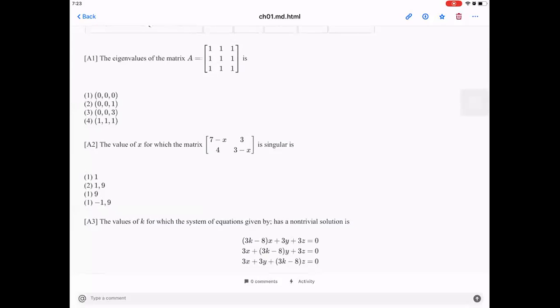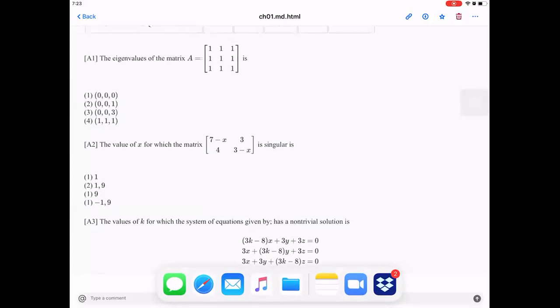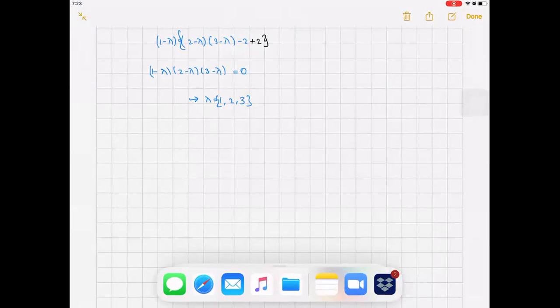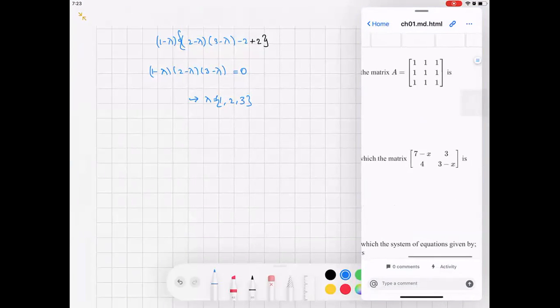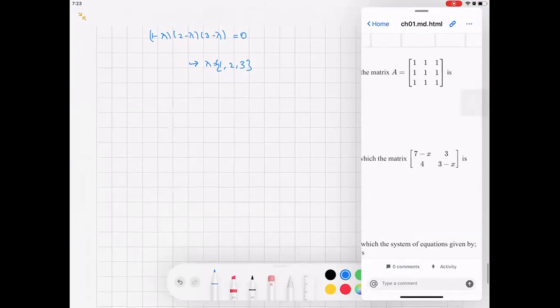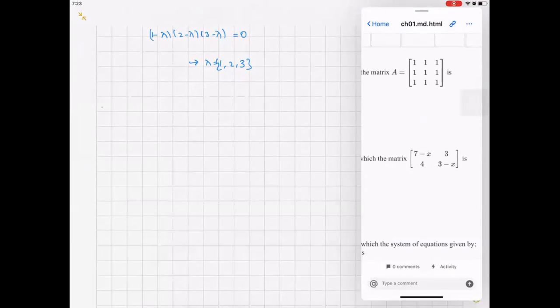So what we can do for this matrix is write the characteristic equation: 1 minus lambda, 1, 1; 1, 1 minus lambda, 1; 1, 1, 1 minus lambda.